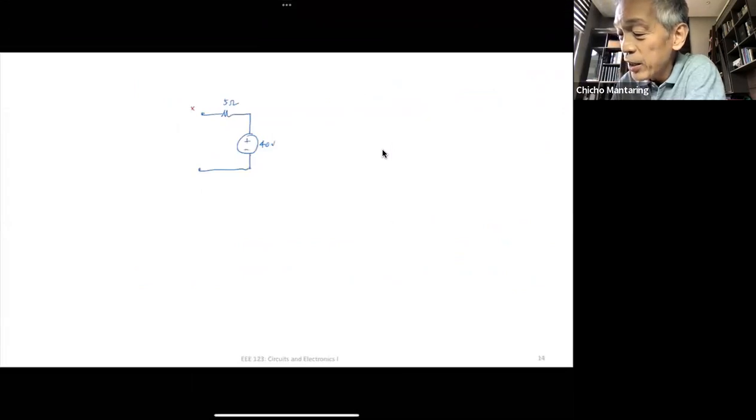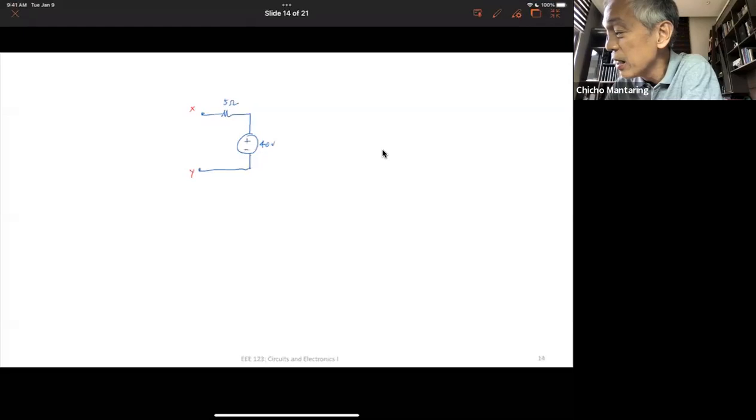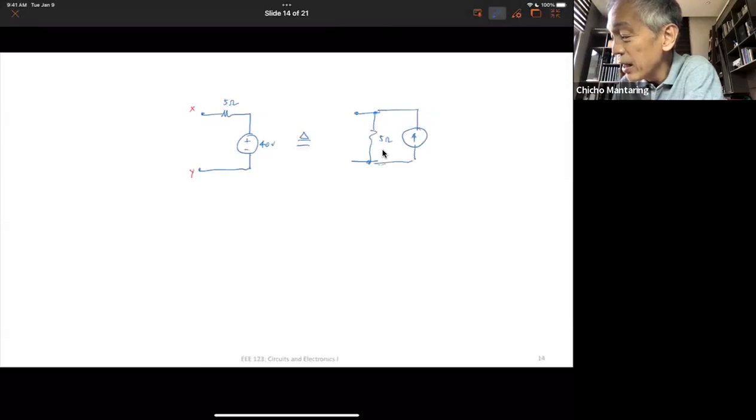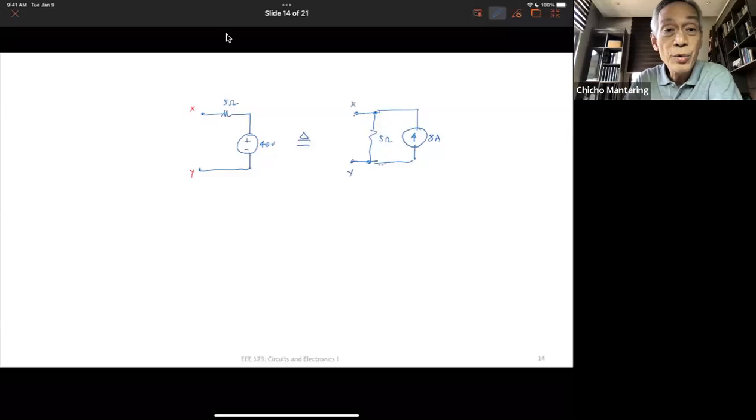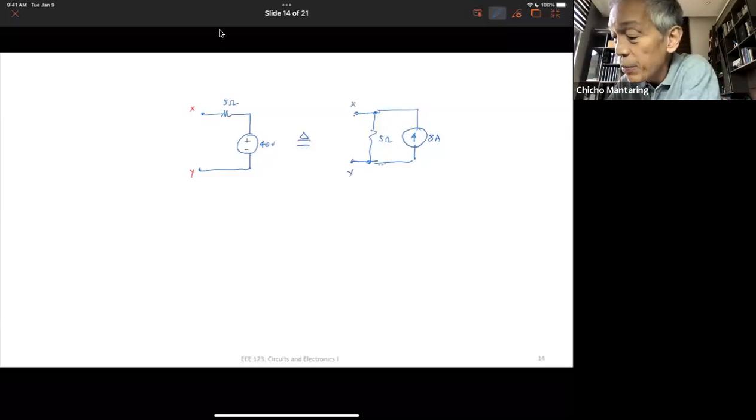With respect to, let's say, terminals X and Y, this is equivalent to this 5 in parallel with 8 ampere. With respect to X and Y, wherever this existed before, I can connect this instead without changing the behavior of the circuit.